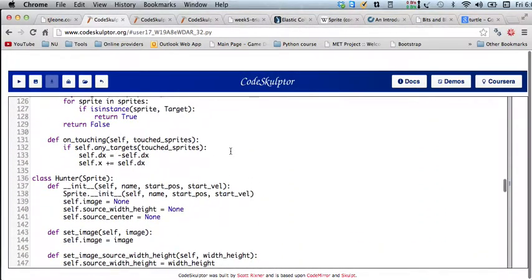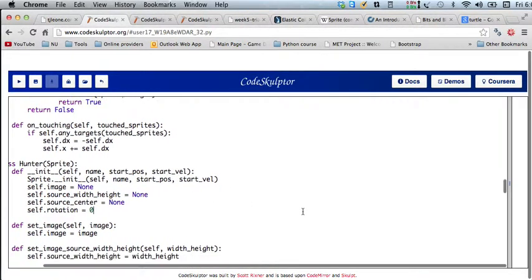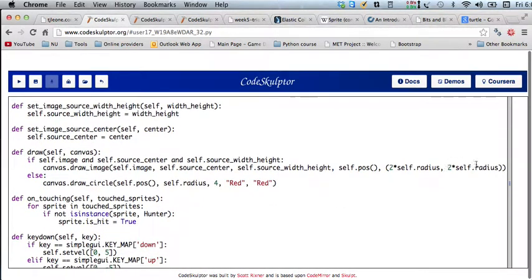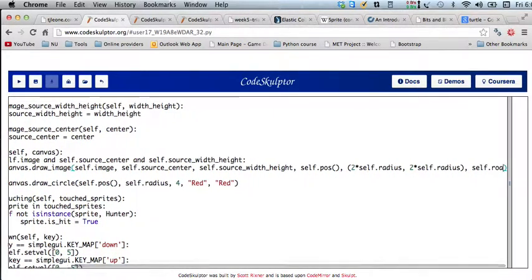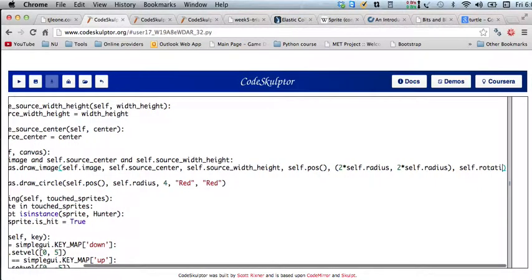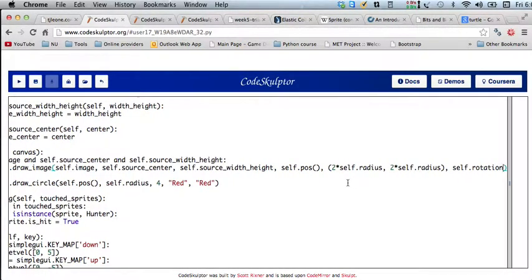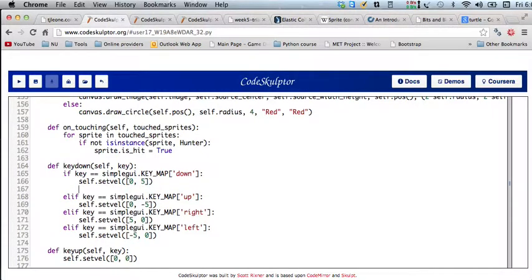How about that? So let's say self.rotation equals 0, and we'll always have a rotation in here. Yeah, rotation.